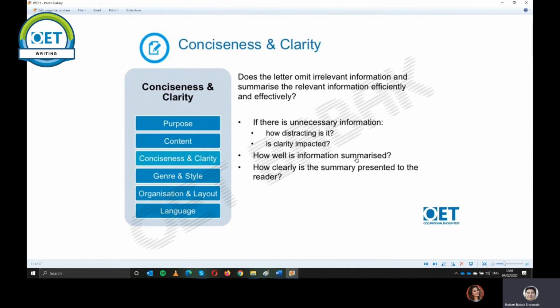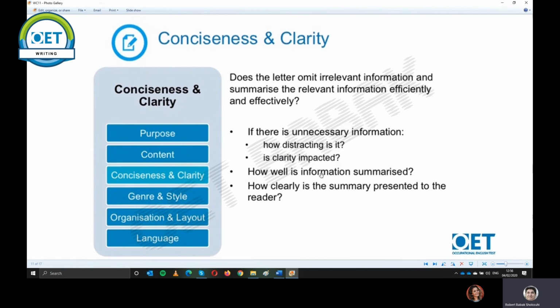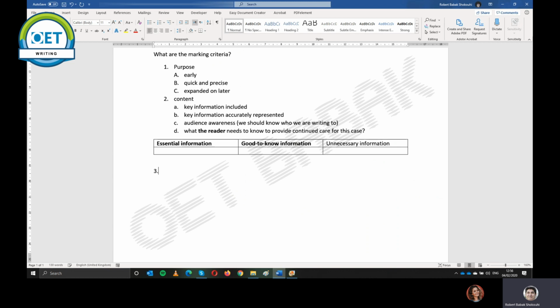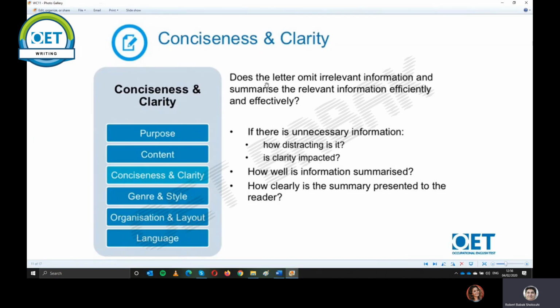So the next is conciseness and clarity. Let's see what it is. Does the letter omit irrelevant information and summarize the relevant information efficiently and effectively?